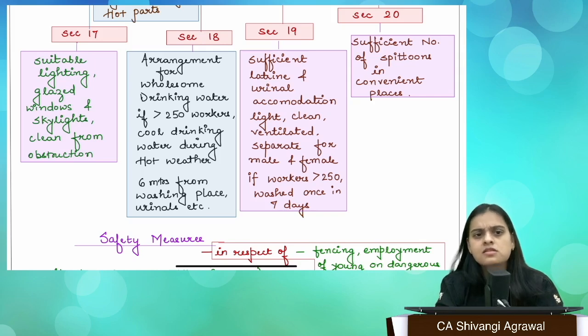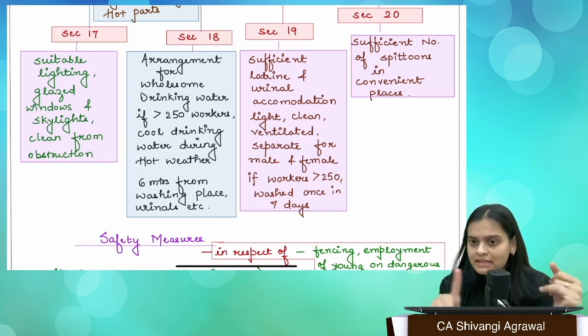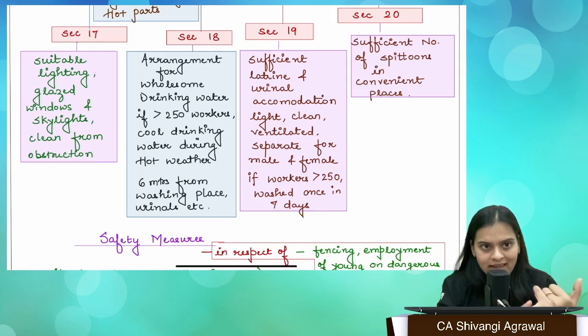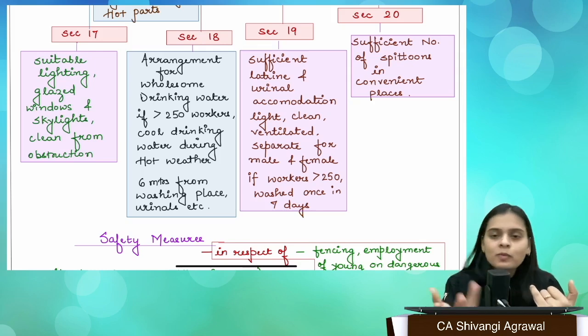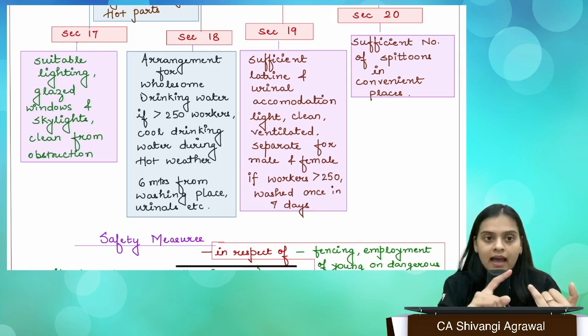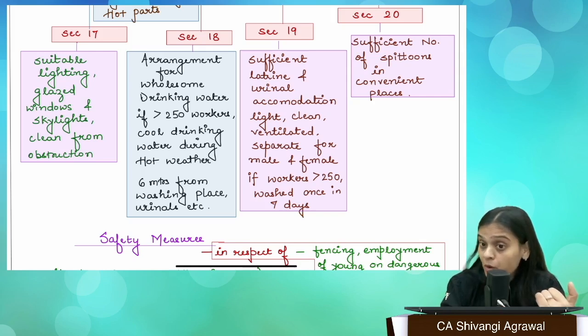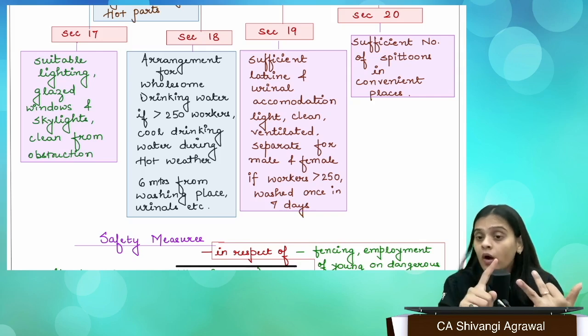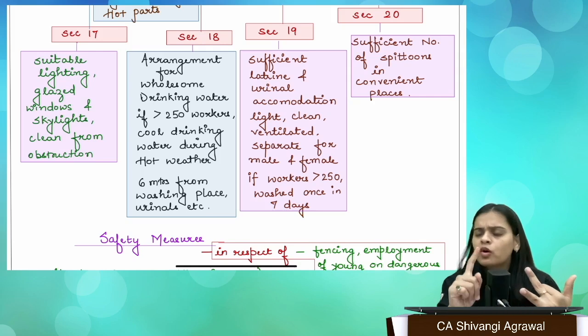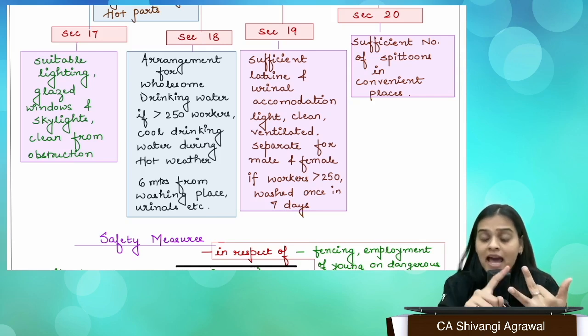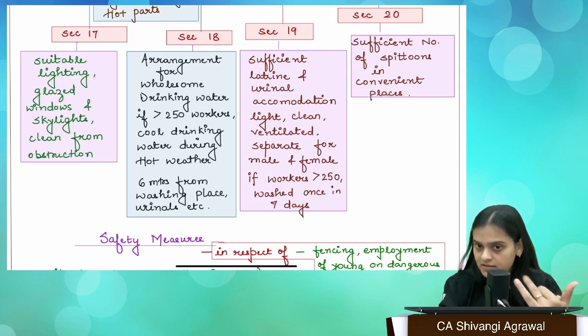So this should be absolutely clean. There should be proper lighting. There could be glazed windows, and the light should be clear of obstruction. Plus, whatever shadow is being formed or reflection generated, it has to be ensured that there isn't an eye strain or risk of accident.